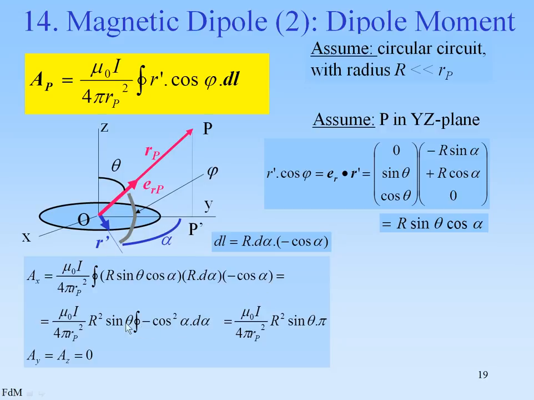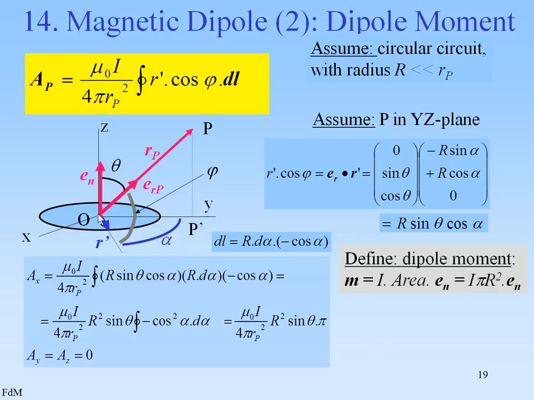And thus it can be written as the integral of r squared sine theta times the integral of minus cosine squared alpha, and then you end up with mu naught I over 4 pi rp squared times r squared, the radius of the circuit, times sine theta over p. And this means also that AY and AZ will be 0. There's only an AX component in point P.